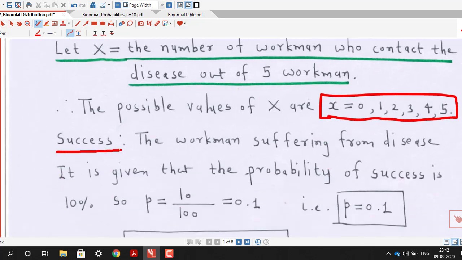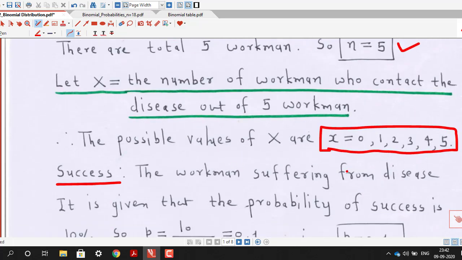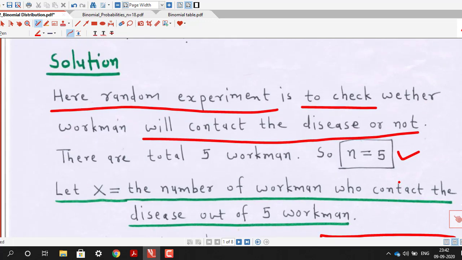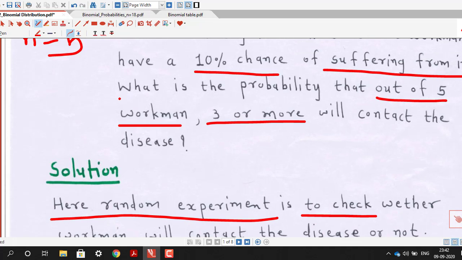Suppose the success is the workman suffering from disease. So we define this event to be a success. Failure will be the event that the workman is not suffering from disease. This will depend on the required probability. You are asked to find the probability that out of 5 workmen, 3 or more will contract the disease, or 3 or more will be suffering from the disease.